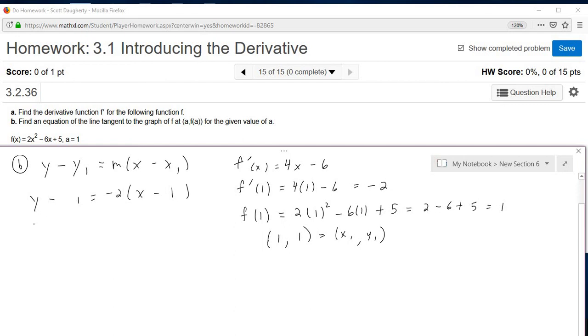Okay, and then I'm just going to clean this up a little bit. Let's solve for the y value here. So I'm going to distribute the minus 2, and you get negative 2x plus 2. And then I'm just going to add this 1 to the other side, and you get negative 2x plus 3. Okay, and so that's the equation of the tangent line to this function right at the point when x is equal to 1.